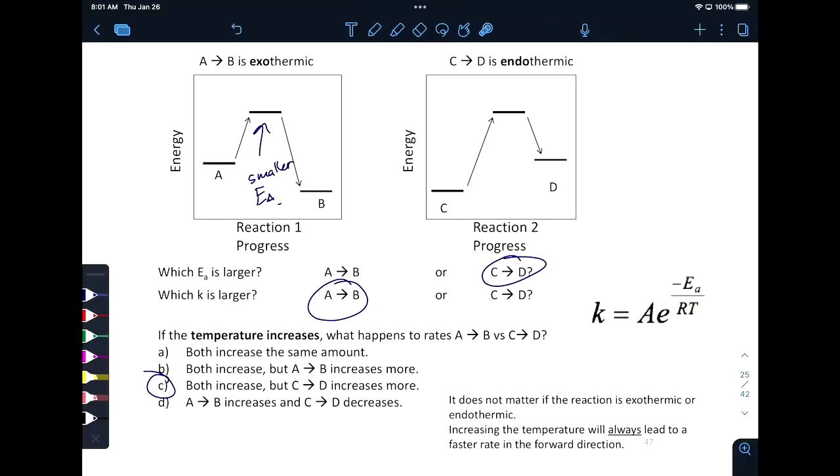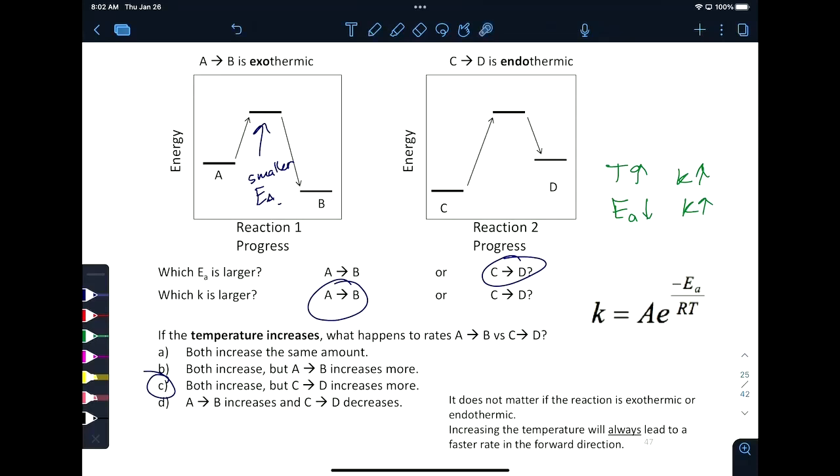So as T increases, k will always increase. But more subtly, we have another term, activation energy, and as activation energy decreases for a specific reaction, we also see k increase, and that's just the mathematics behind an exponential that has a negative exponent.